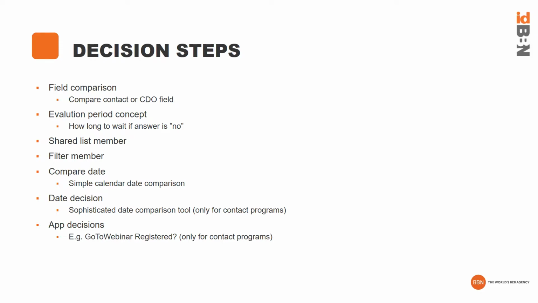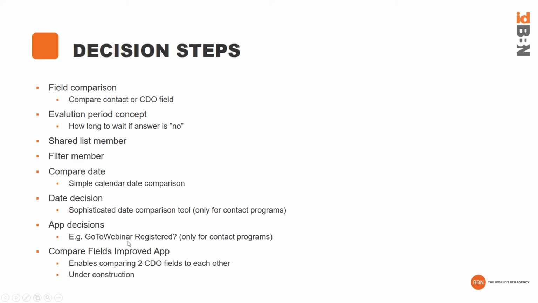And then in contact programs, we do have app decision steps. So, for instance, if somebody had registered to go to the webinar, etc., etc. And there's an interesting app we are currently developing. It's still under construction, but it will be available into your program canvases, both contact and CDO oriented.